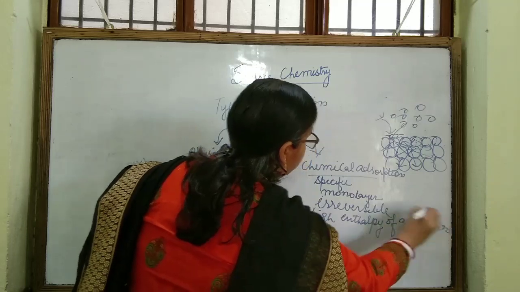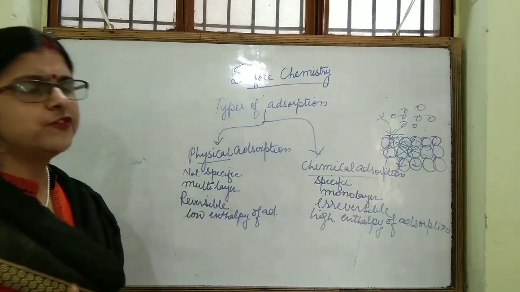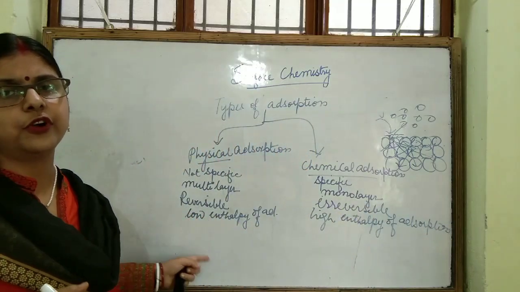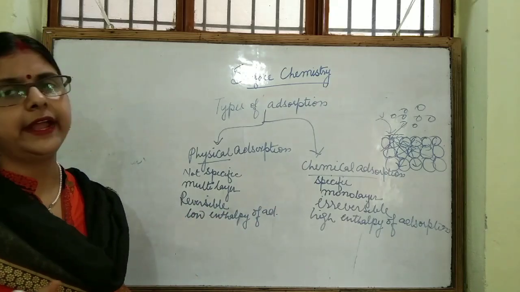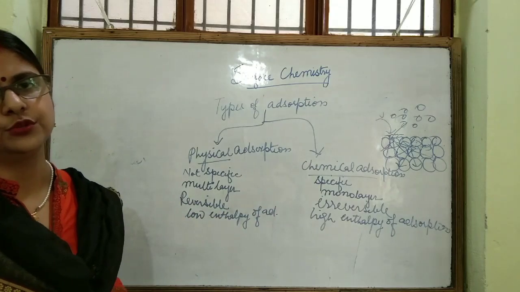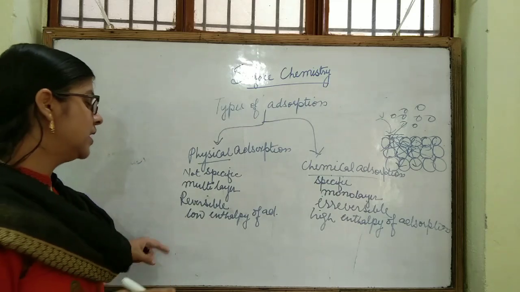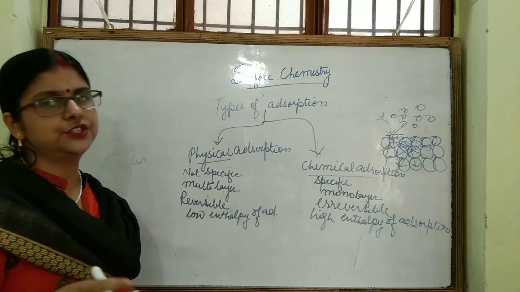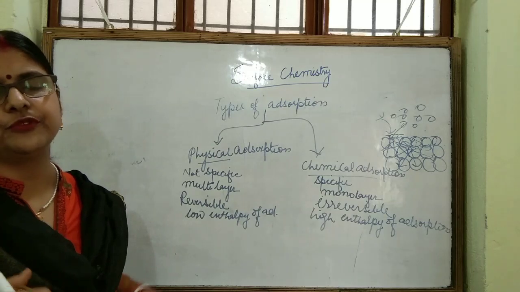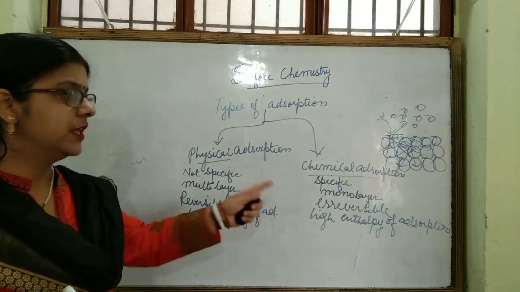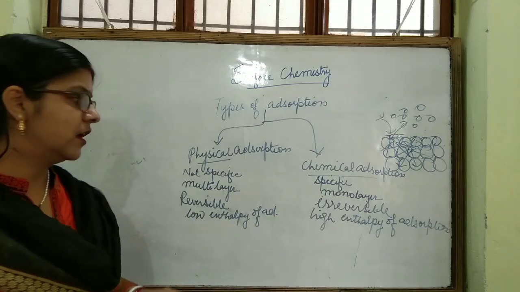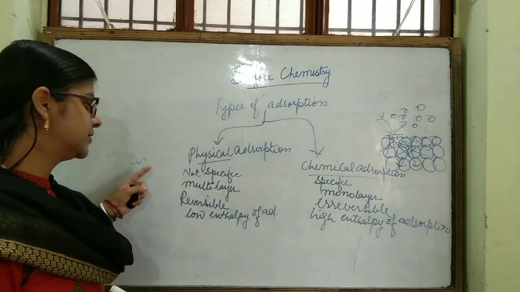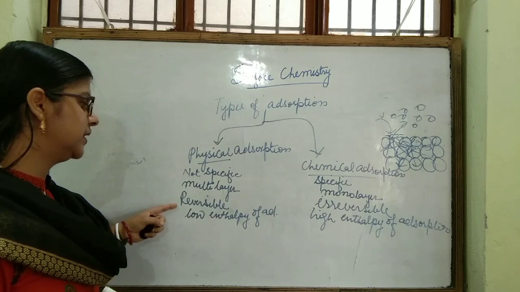Here you will find that the heat change is 20 to 40 kilojoule per mole, and here it will be 80 to 240 kilojoule per mole. So here the enthalpy change, or heat change, during adsorption is low, and here it is high.